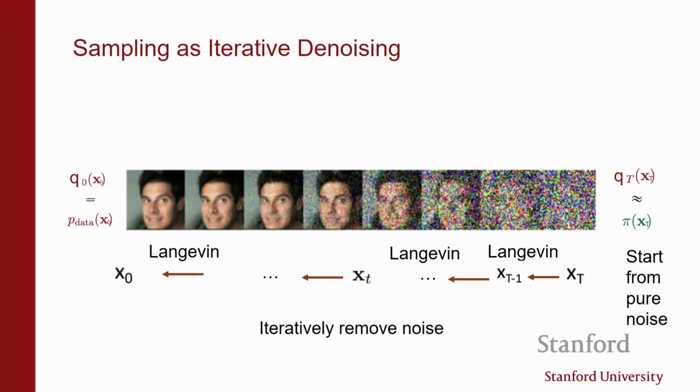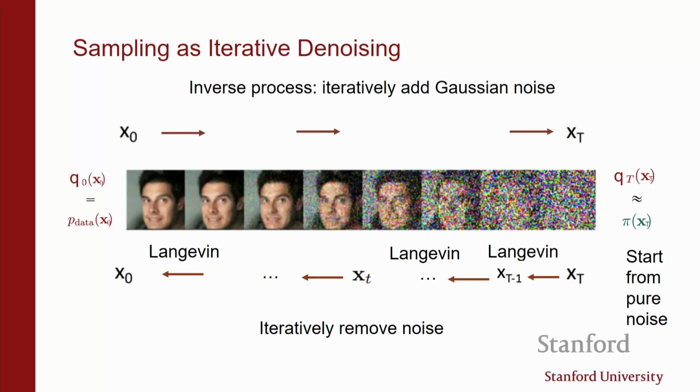And so the inverse of this process is the one that we've used to basically train the network to generate samples for the denoising score matching loss. And we can think about the inverse process, which is the one that you would use if you wanted to go from data to pure noise.